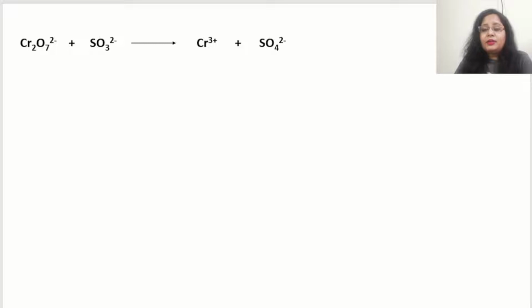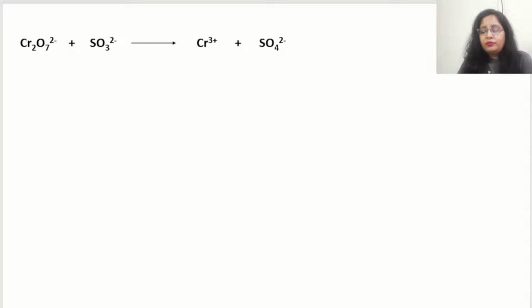The second step is to determine the elements which are being oxidized and reduced. For this, we need to write the oxidation numbers of the elements, and then check which is increasing and which is decreasing. So first we will get the oxidation numbers.